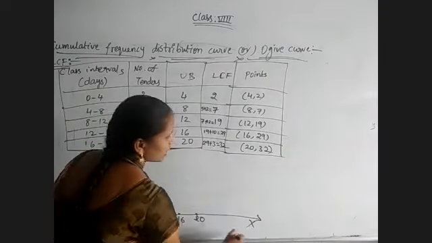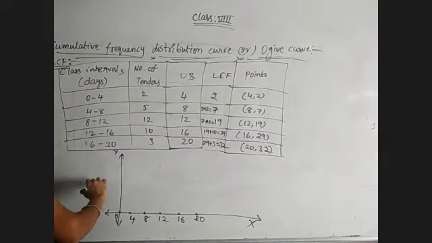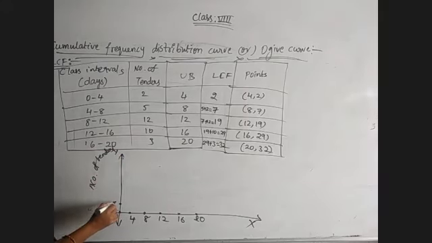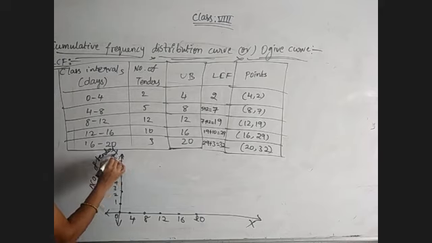On the y-axis, the number of tenders: 1, 2, 3, 4, 5, 6, 7, 8, 9, till 12. We have to take those values.